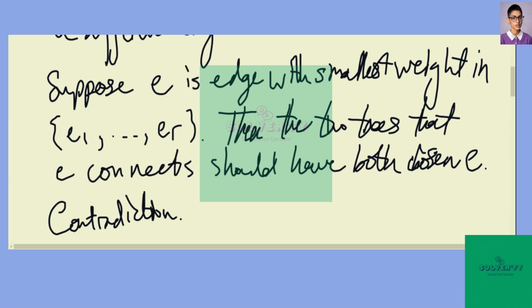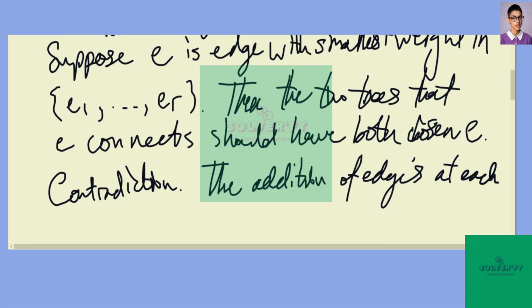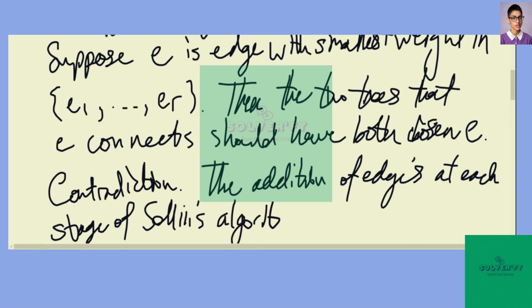And therefore it follows that the addition of edges at each stage of Sollin's algorithm produces a forest.